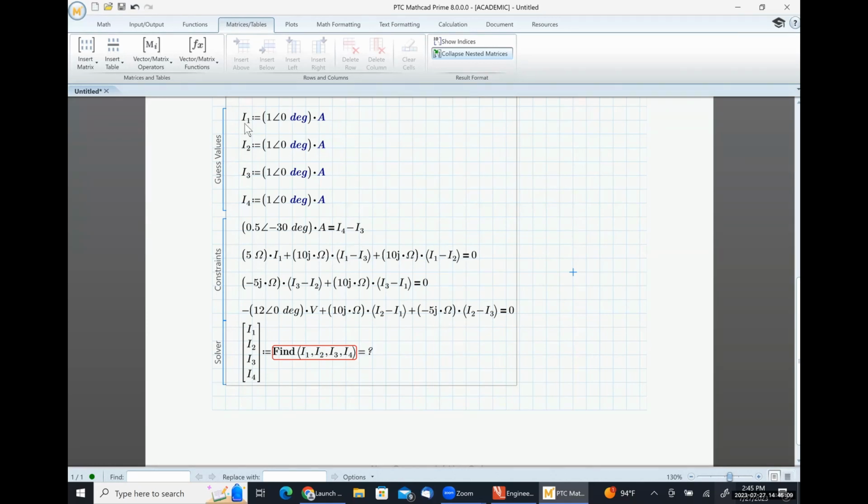Okay, all my equations look right. So now, since this is saying it can't find it, try changing the guess value or the value of the TOL. So let's just change these to 2. This is frustrating.